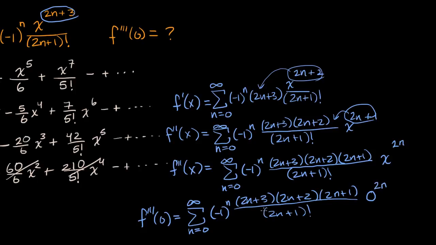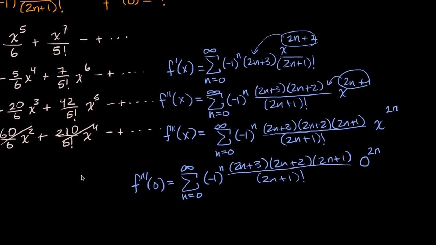Now you might be tempted to say, well, hey, 0 to these different powers, maybe everything's going to be 0. But remember, we're starting at n equals 0. So for any n that's not equal to 0, this 0 to that power is just going to be 0, and that term's going to disappear, kind of like what we saw when we expanded it out.